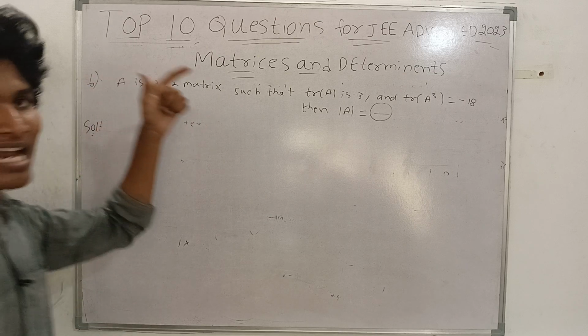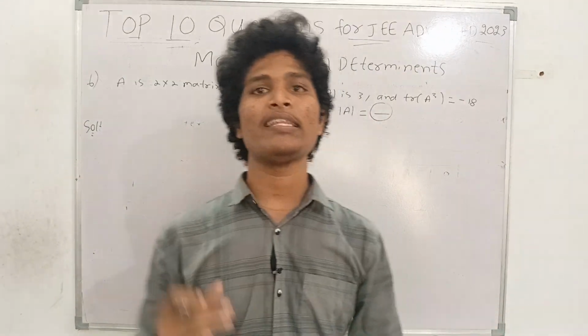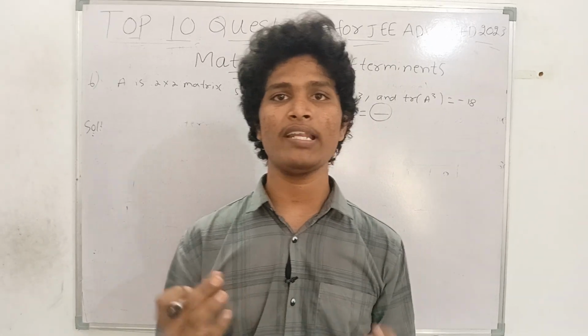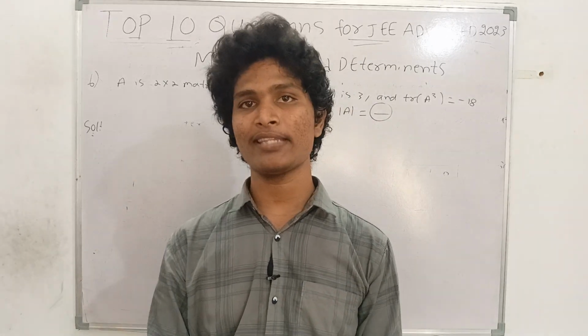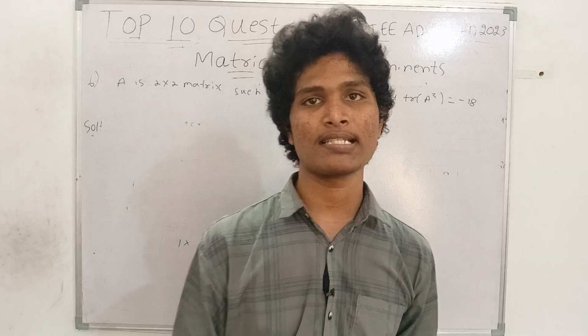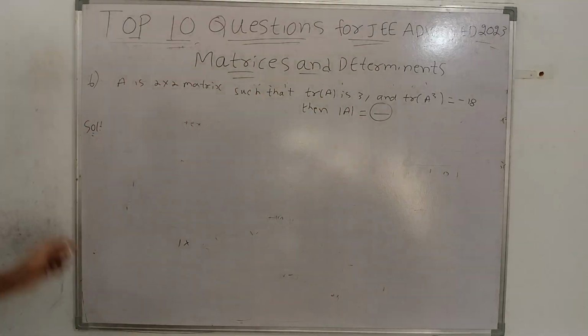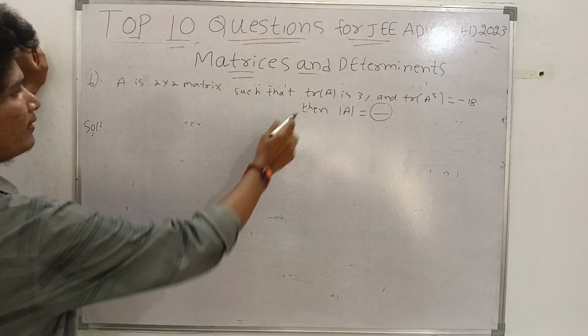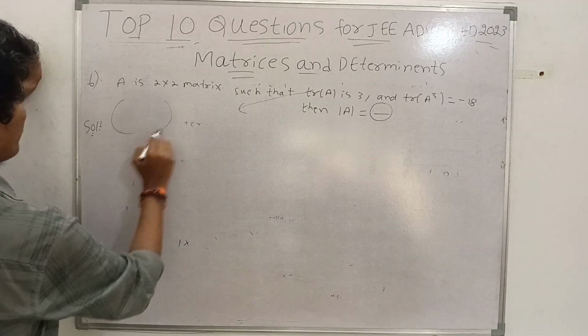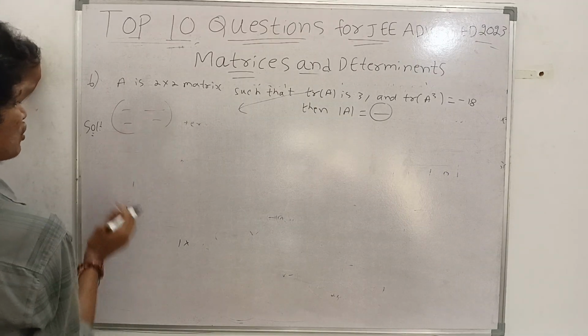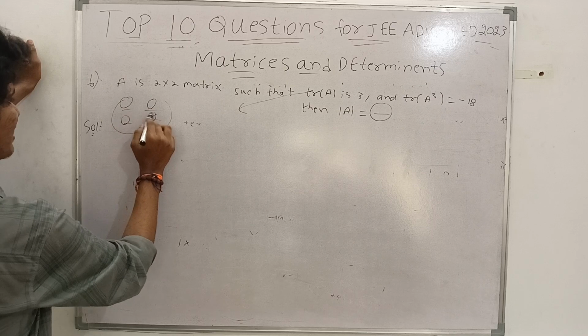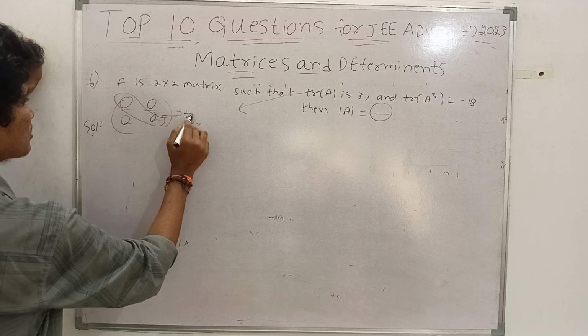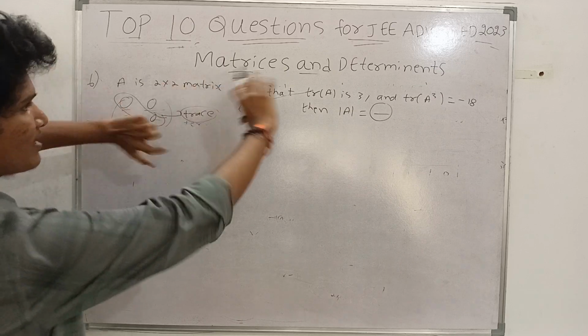This is a very large question, but I simplified it, because the JEE Advanced committee is very interested in explaining things to you. What is meant by trace? These things are even explained in the exam paper. If we take a 2 cross 2 matrix, the sum of the diagonal elements is known as the trace. They explain this before this question.